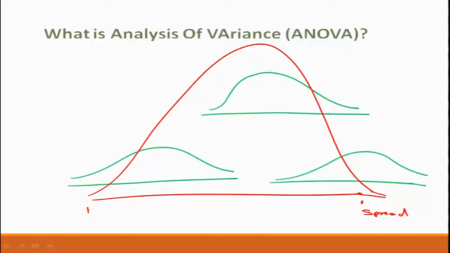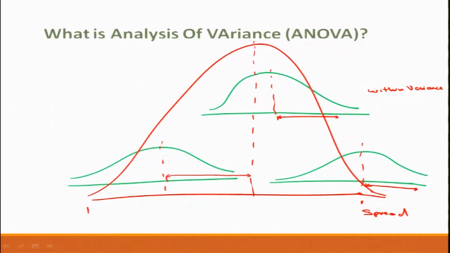So, this variance that is in my groups, or better to say within my groups, is my internal spread, that is known as within variance. And for the whole population, the variance of the groups from the population, this difference is known as between variance.